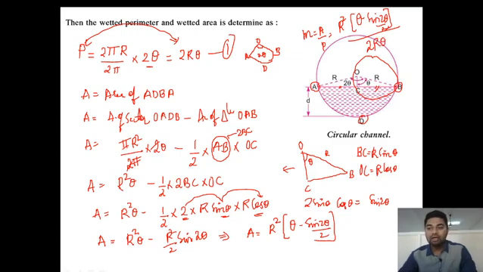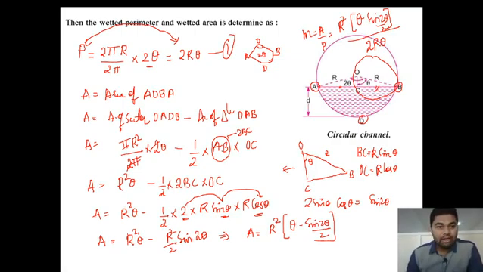So, from here we will get the value of m as r square into theta minus sin 2 theta by 2, by 2r theta. This is nothing but the hydraulic depth m, the value of m for a circular channel.